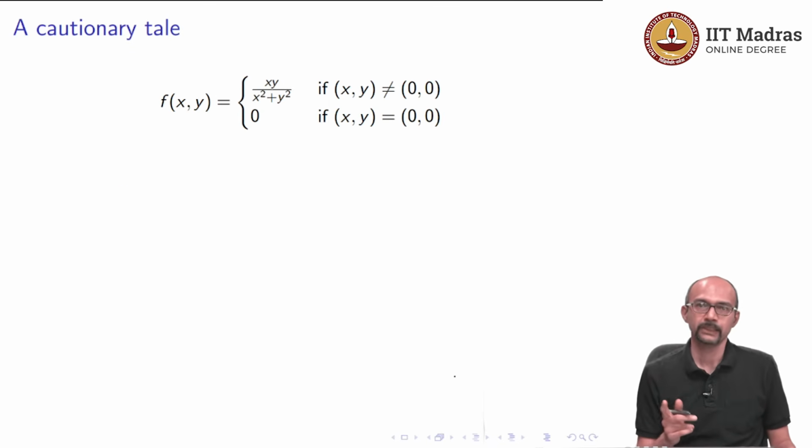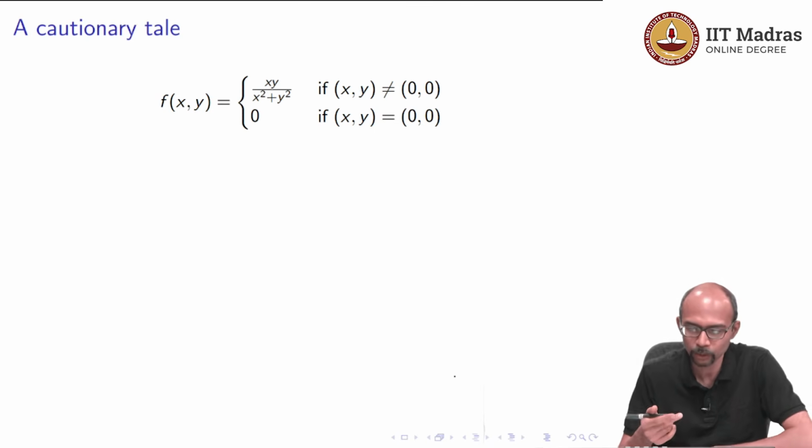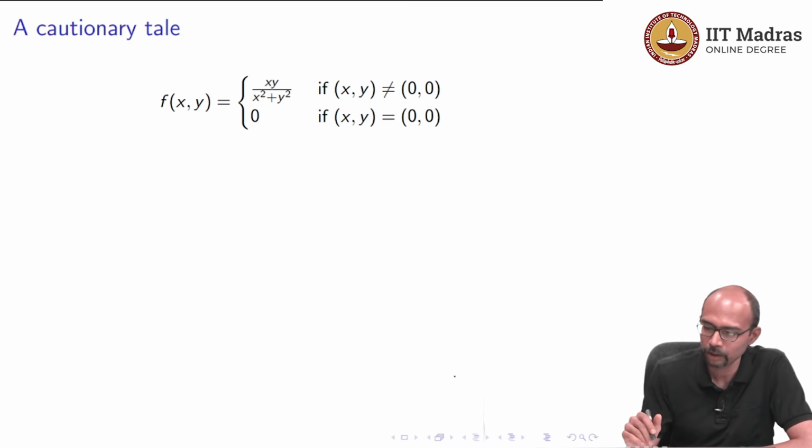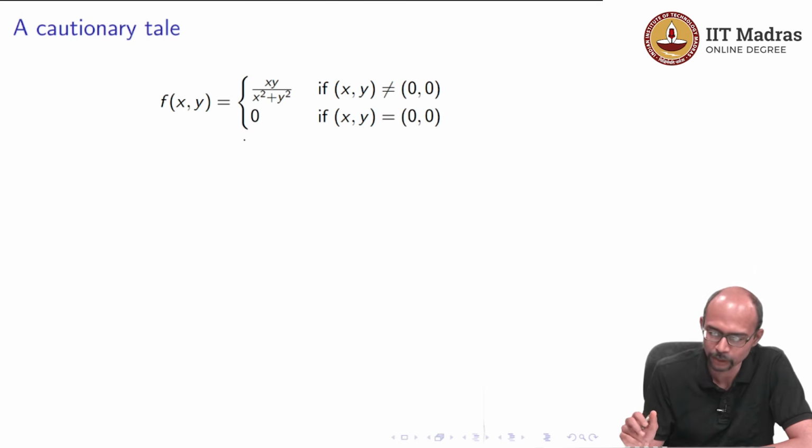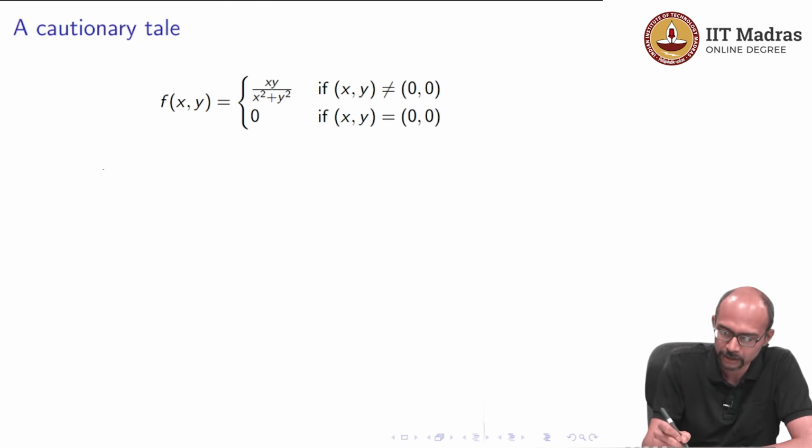and the warning is that the hypothesis over there has to be satisfied. And so I want to do this final example of f of x y is x y by x squared plus y squared if x y is not 0 comma 0, and it is 0 if it is 0 comma 0. We have computed already what is the gradient for this.